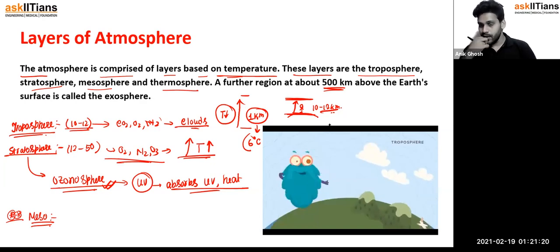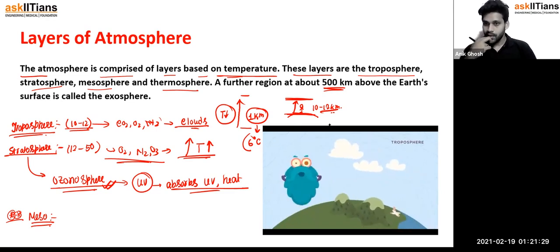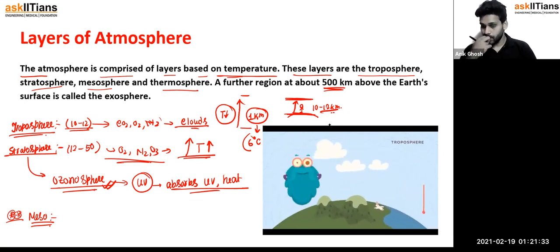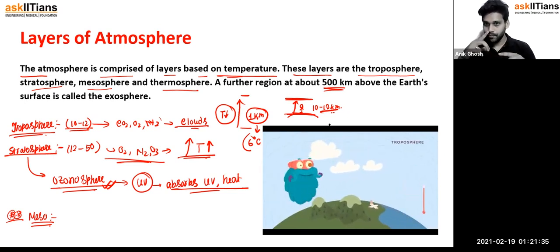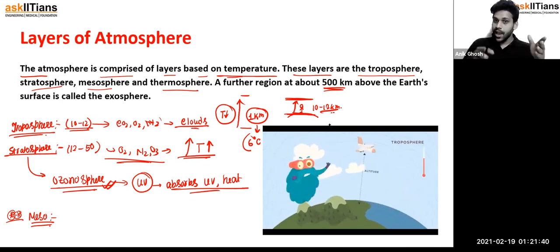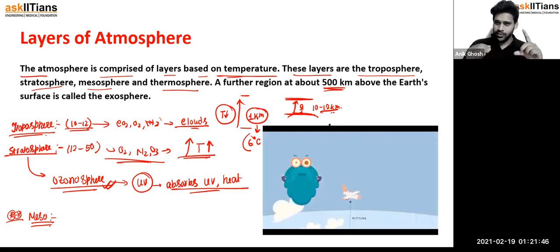So it is the troposphere, and here is where weather occurs, near about 10 to 12 kilometers. When you move up, the temperature decreases, as you can see. That is called altitude, the height.